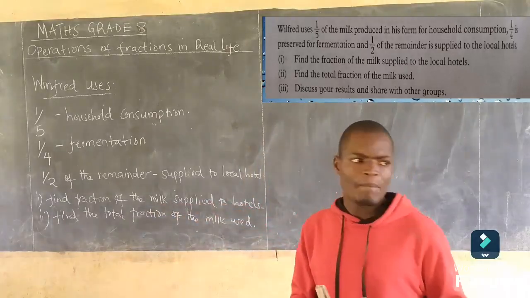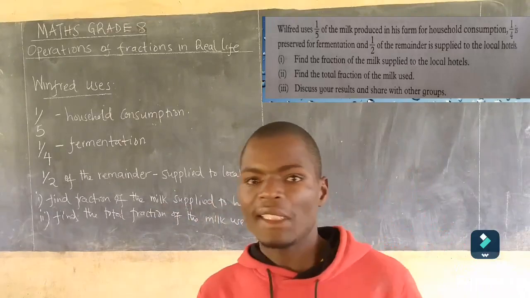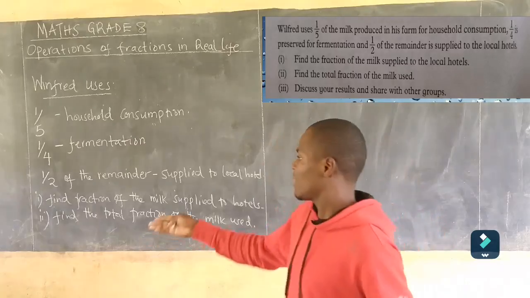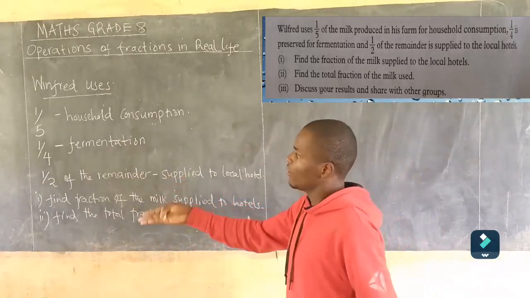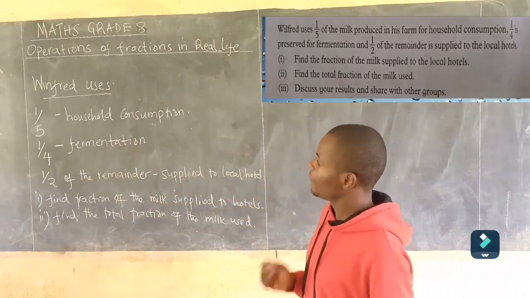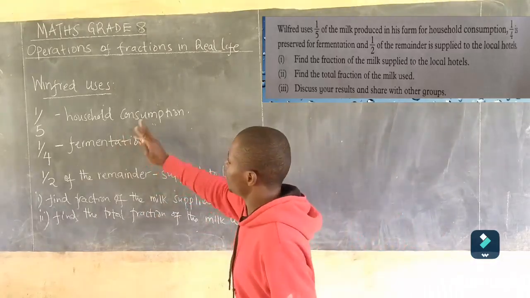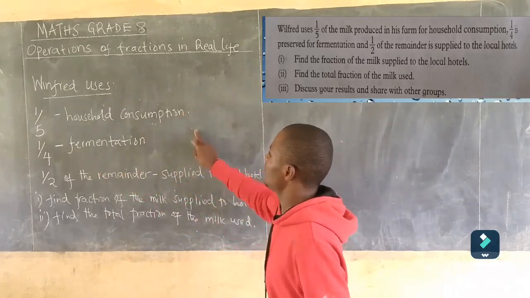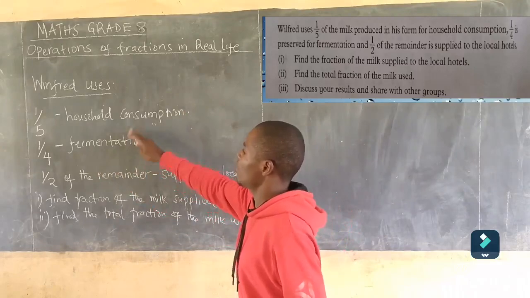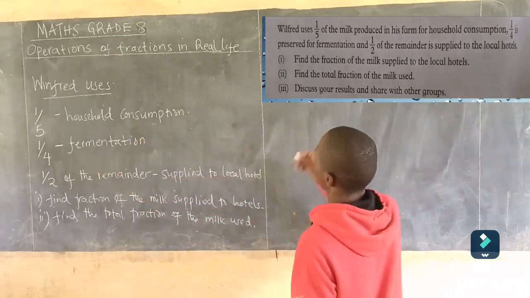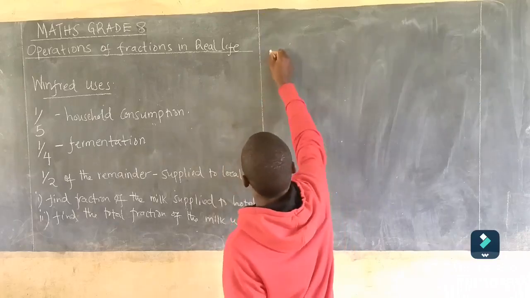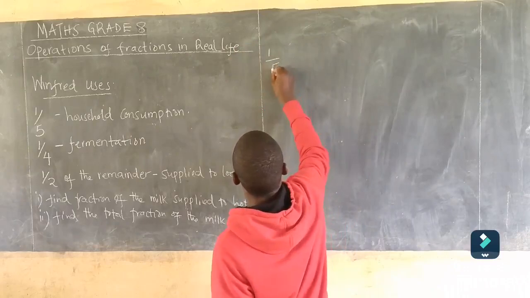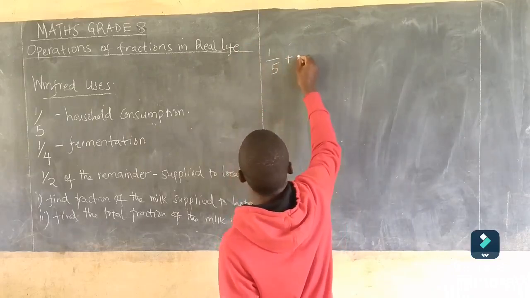So problem number one, find the fraction of the milk supplied to the hotel. I want us to be very attentive and keen, because we must get this part right. Let us get the total that is spent on household consumption and fermentation. We have 1/5 plus 1/4.